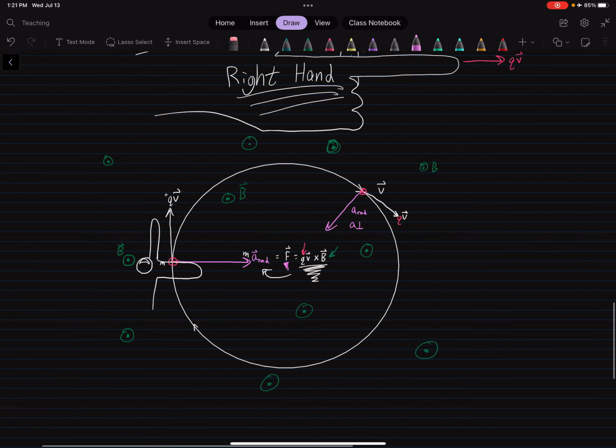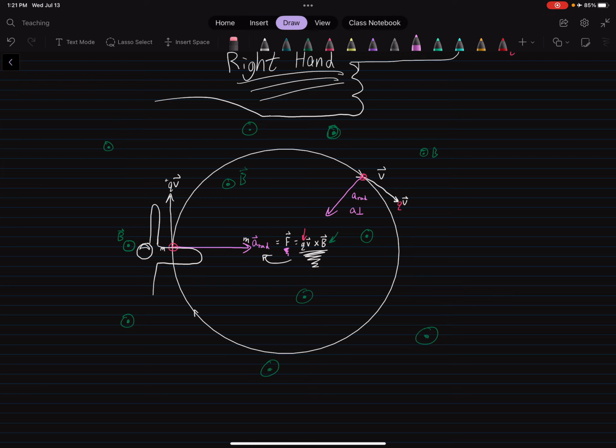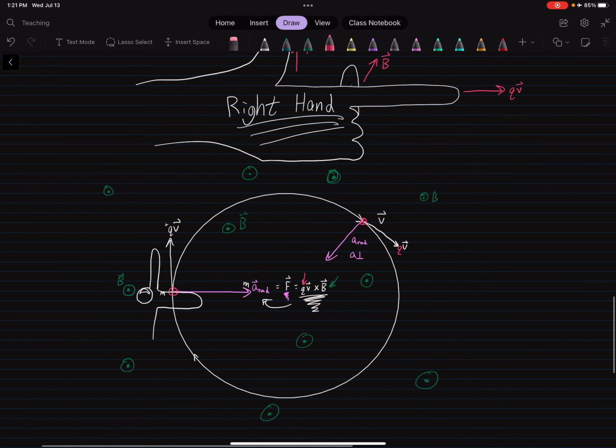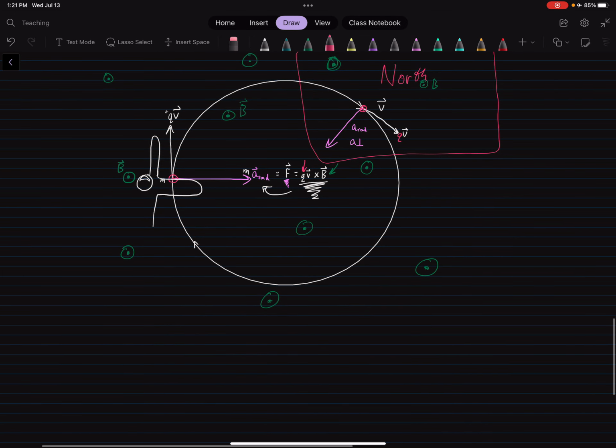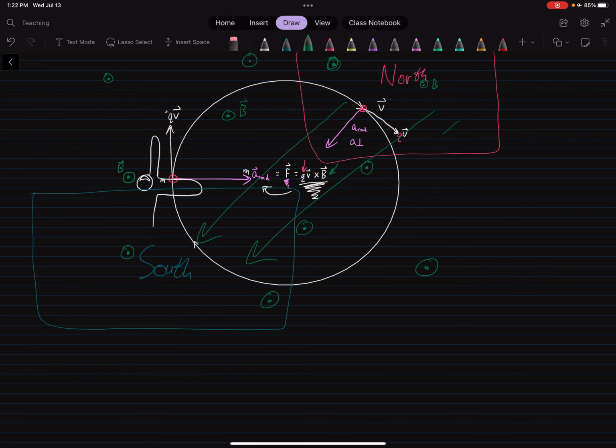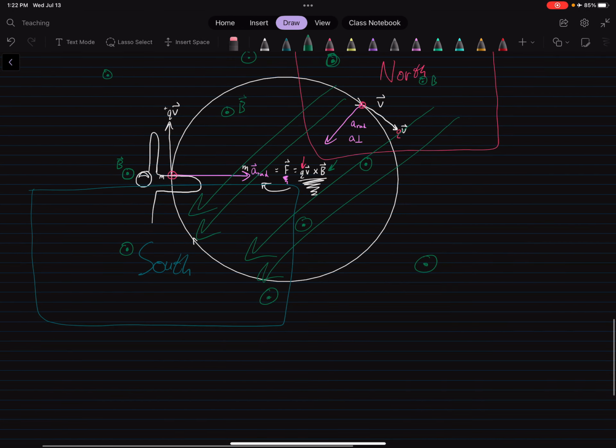To complete the picture, what would cause a B field to be pointing out of the page? Well, if we had some ginormous north end of a magnet way behind this circular thing, and some ginormous south end of a magnet above it, between you and the circular motion that is in the page, then the magnetic field would be traveling from north to south and acting straight up out of the page in that area.